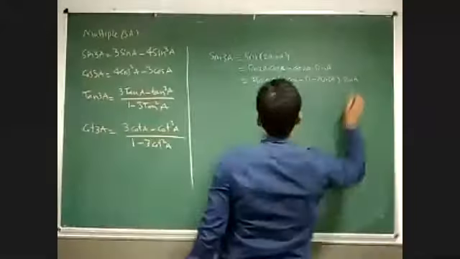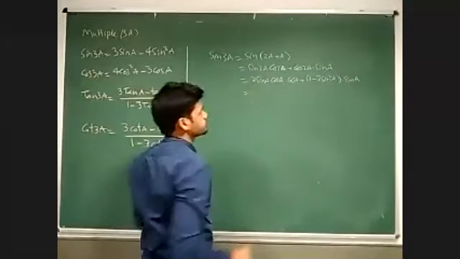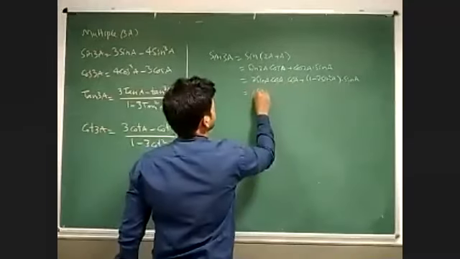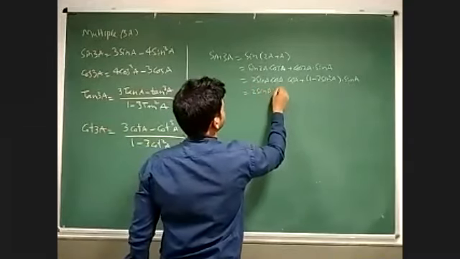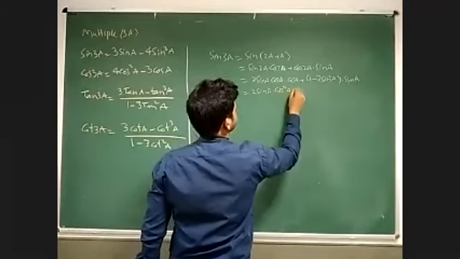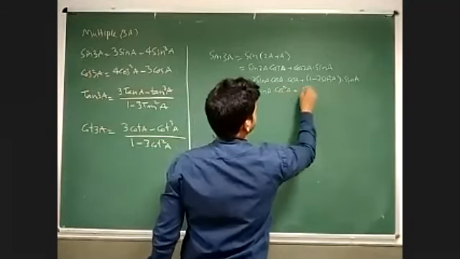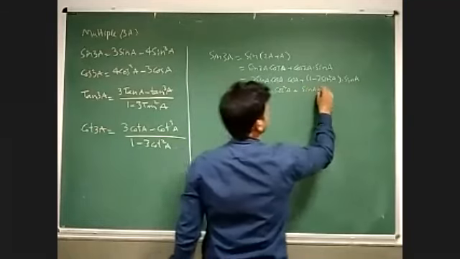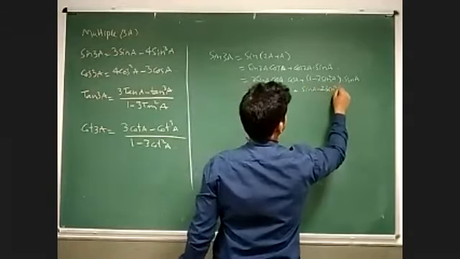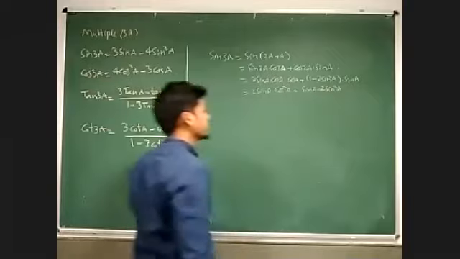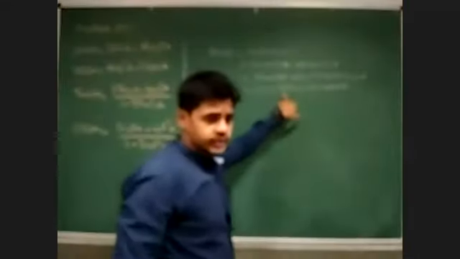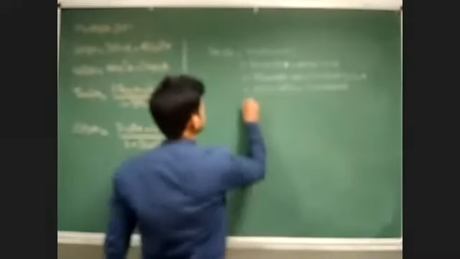sin A. Right? Now cos A into cos A, it will be sin A into cos square A, and here just multiply sin A. So here sin A minus 2 sin cube A, right? Now here just apply the trigonometry identity.